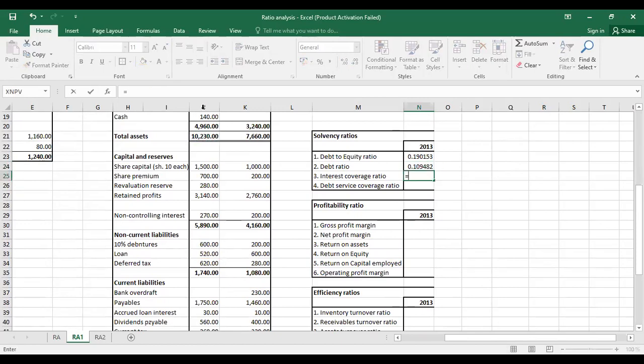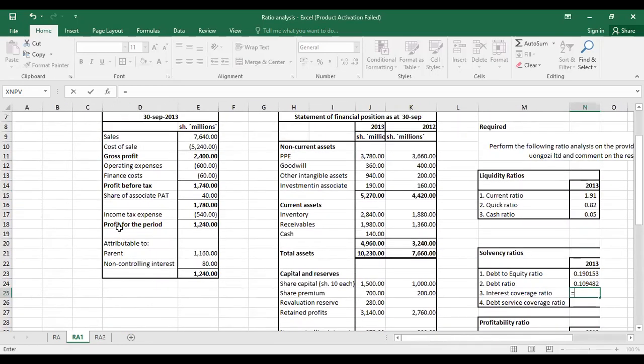Then equal, maybe let me check the chart. So interest coverage ratio: earnings before interest and tax. Here, remember, we have our finance cost.